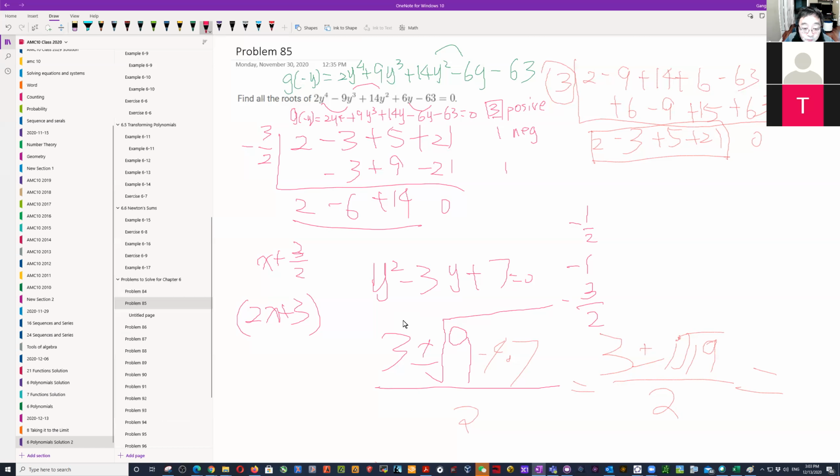Then you see that g(0), when you plug in 0, is negative 63. You can also plug in a very big negative number. For example, if you plug in negative infinity, it's going to be positive.